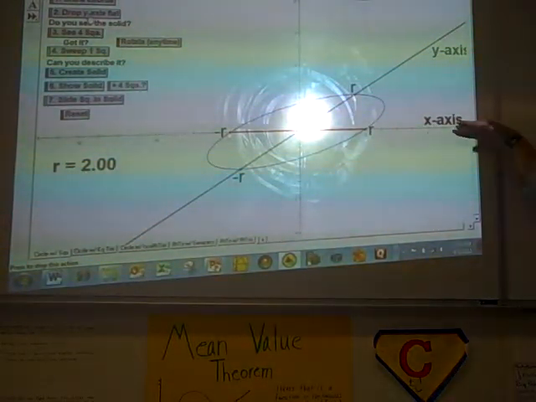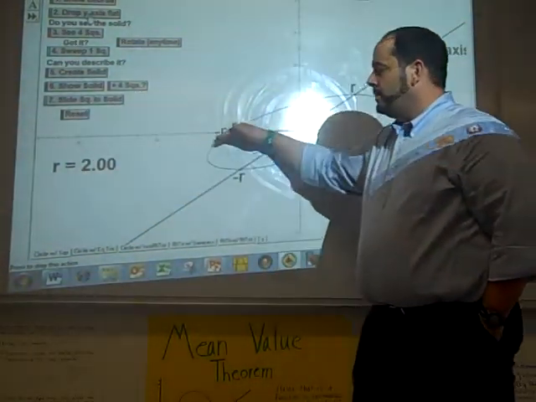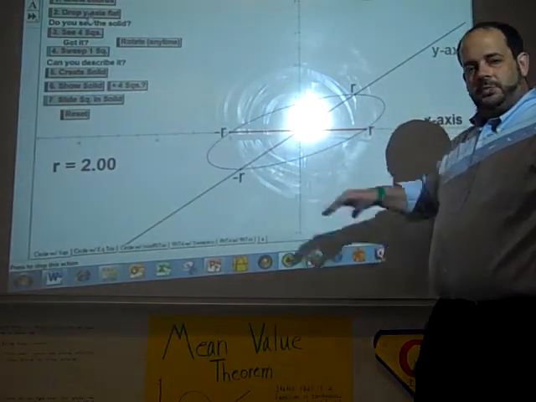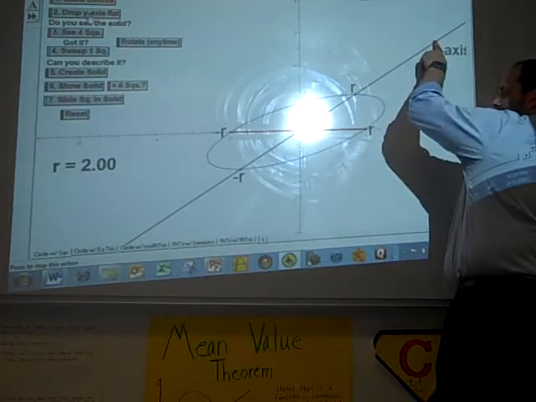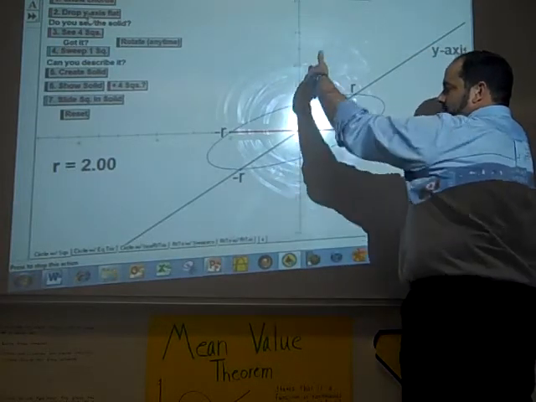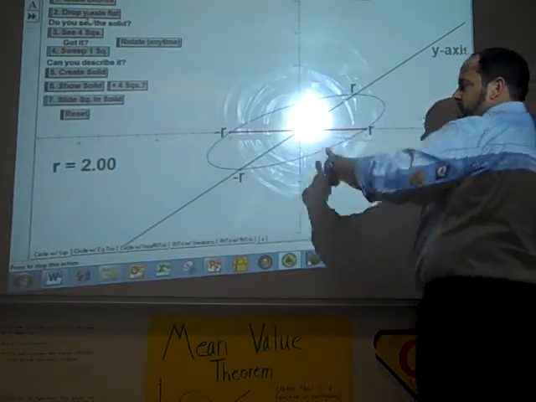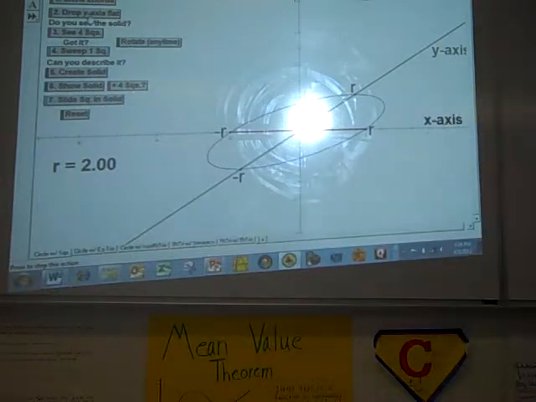Your x-axis is still running this way, but your y-axis, because we need to do this in 3 dimensions, is going out at a diagonal, and the z-axis, that's your third dimension, would be sticking straight up, and the slices, in this case, are going to be squares.